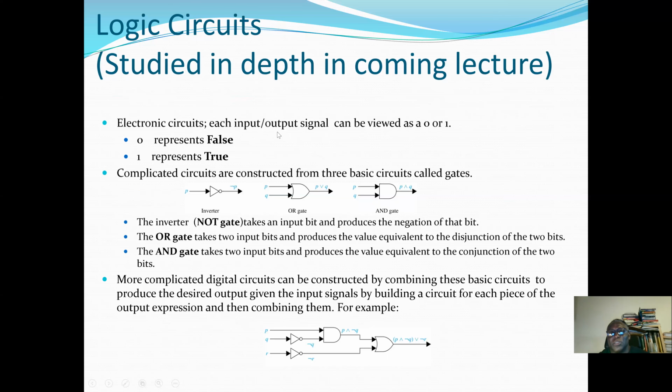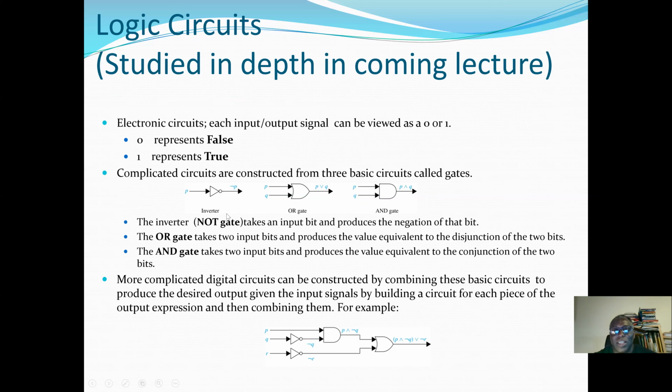Each input and output signal can be viewed as 1 or 0. Well, this is again binary number or machine language. 0 represents false and 1 represents true. So in a digital circuit or even computer language, it's only two states, 0 or 1. So complicated circuits are constructed from these three basic circuits called gates.